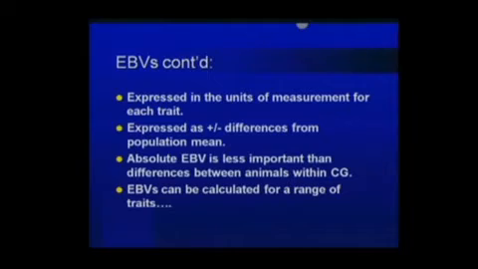So, less important for our purposes today, the EBV is typically for a single trait, typically expressed in the units that the trait is measured in, and that is expressed as differences from the population mean that we talked about before. And this third bullet point actually is fairly important. You're not establishing an absolute value for all time for this particular animal.